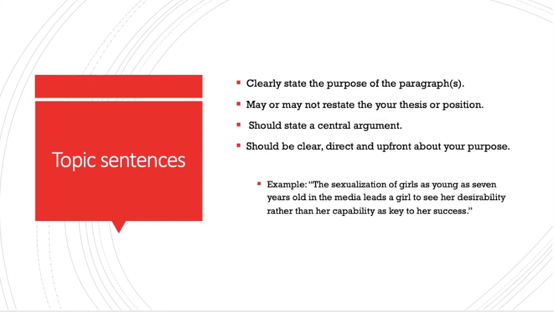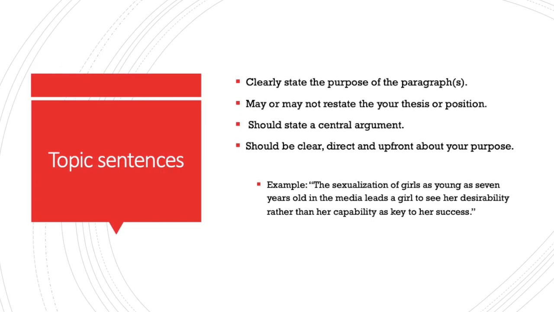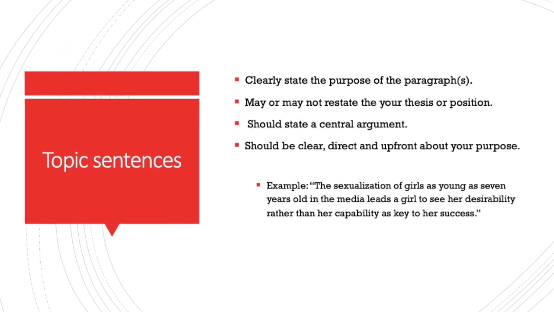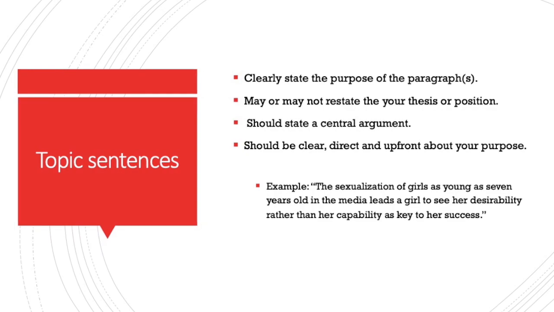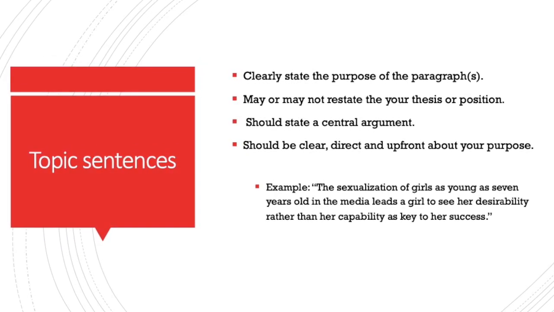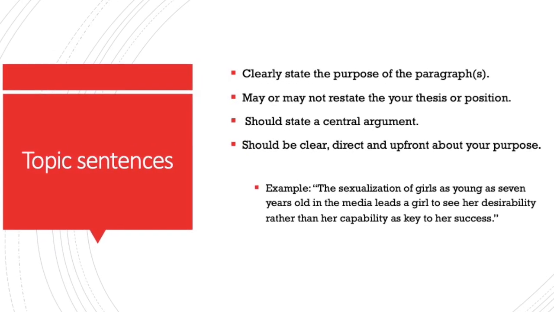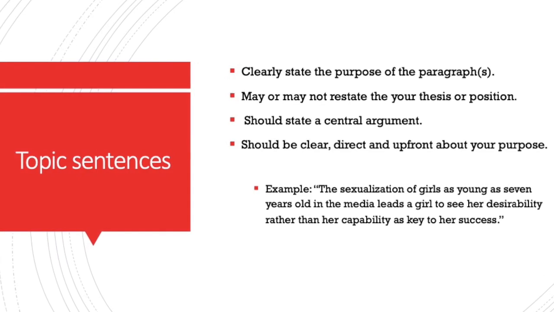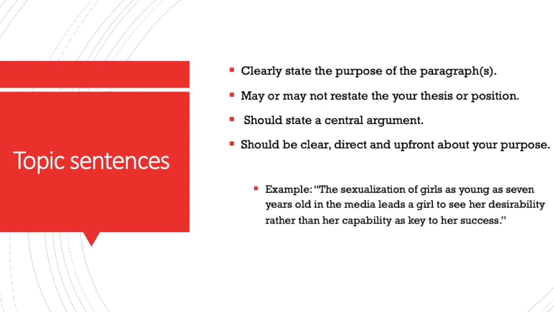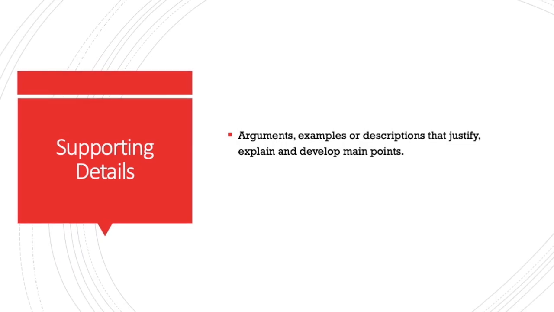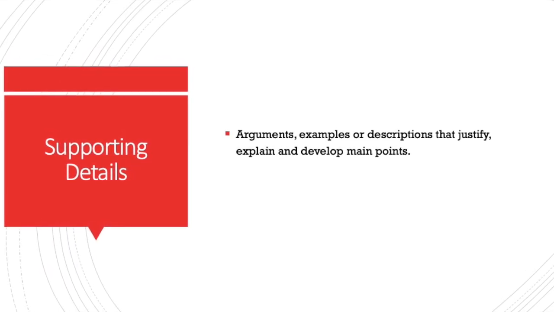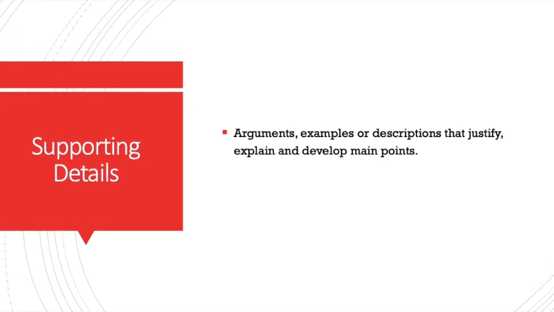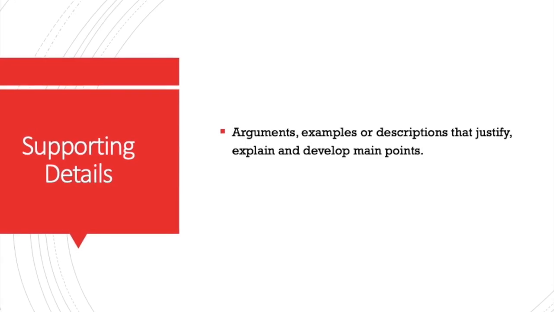Your topic sentences should clearly state the purpose of the paragraph. They may or may not restate your thesis or position. They should state the central argument, right? And they should be clear, direct, and upfront about your purpose. Your supporting details are your arguments, examples, or descriptions that justify and explain and develop your main points.